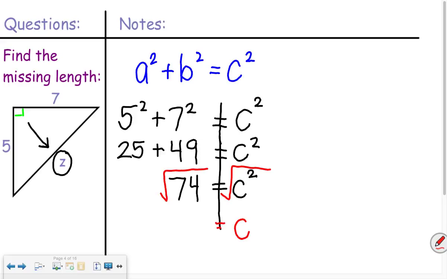If I take the square root on my calculator of 74, I get 8.6. So this time my hypotenuse is 8.6, which is longer than both of my legs. My legs were 5 and 7.